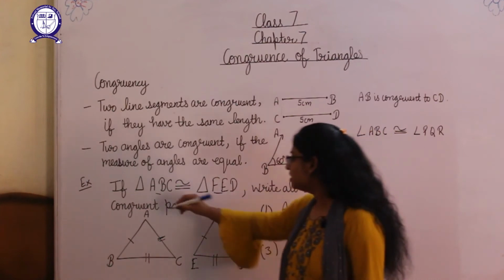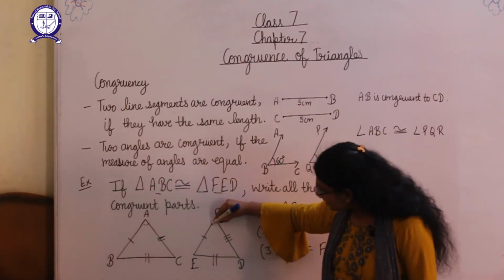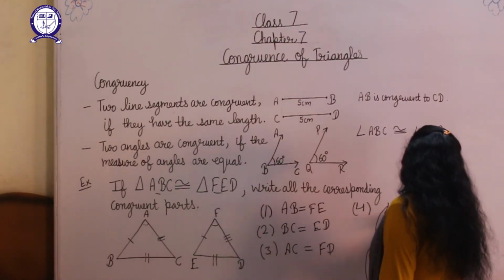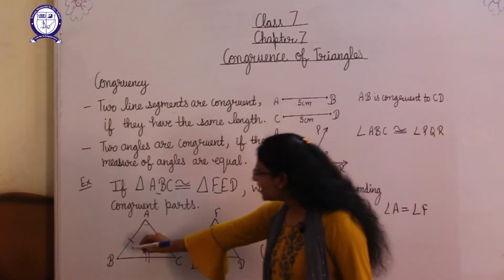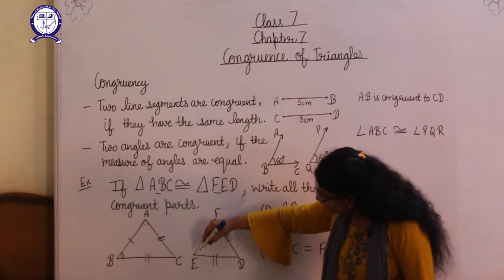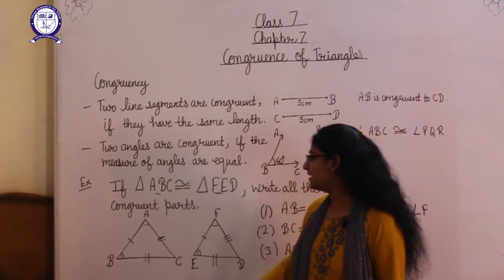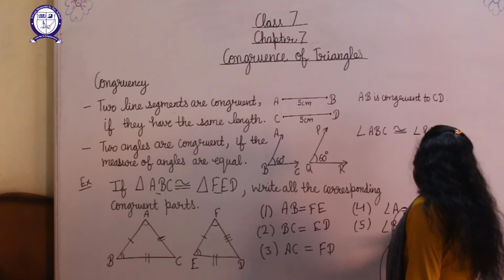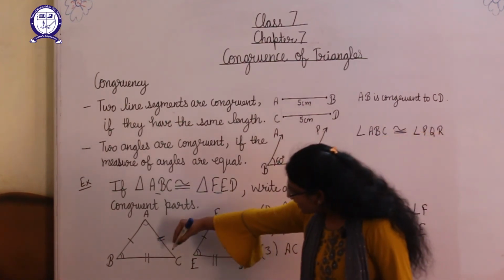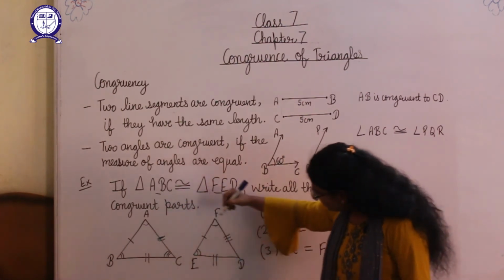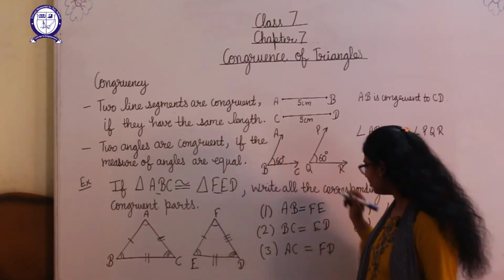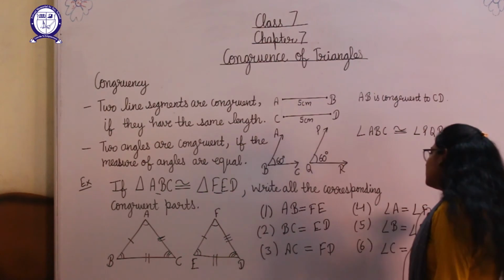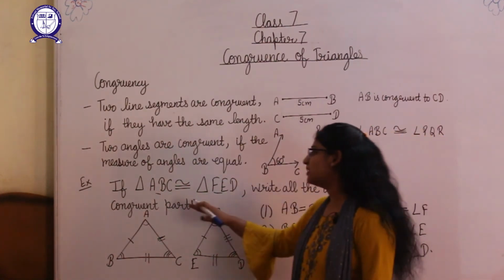Now we will talk about angles. This vertex angle is A, and here this vertex angle is F. So for the fourth one we write angle A equals angle F. Now this side angle is B, which is equal to angle E. So for the fifth we write angle B equals angle E. Now this side angle, angle C, is equal to angle D. So the sixth one is angle C equals angle D. So these are the 6 congruent parts of the congruent triangles, students.